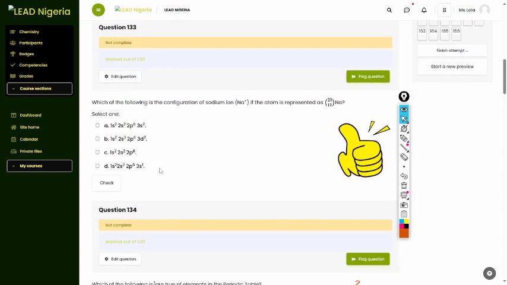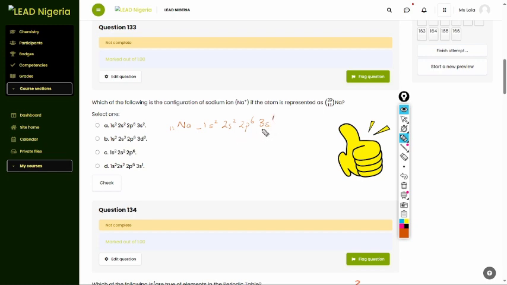Which of the following is the configuration of the sodium ion if the atom is represented as this? Okay, so the sodium ion is formed when sodium loses one electron. The actual configuration for the sodium atom is 1s2, 2s2, 2p6, and 3s1.